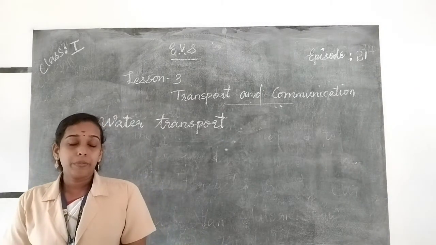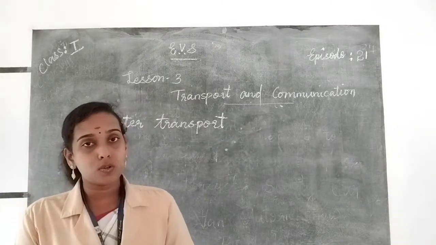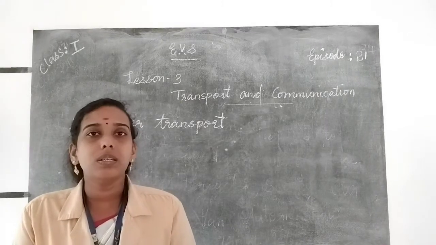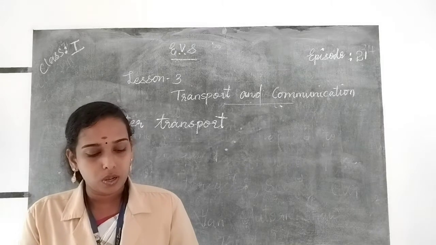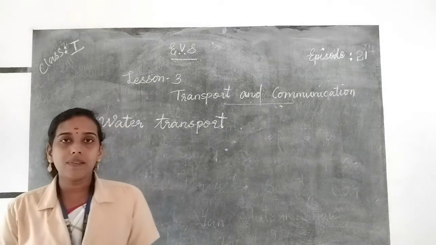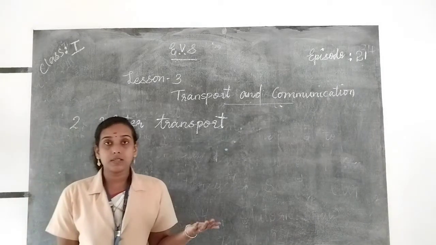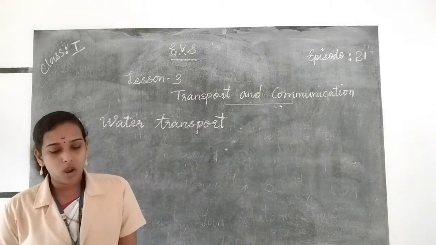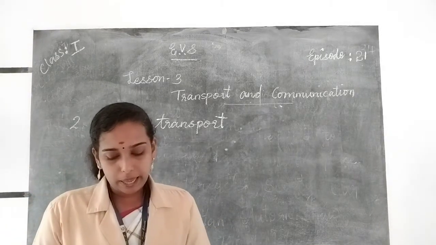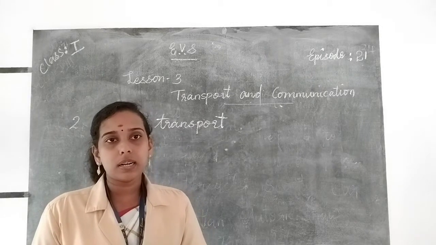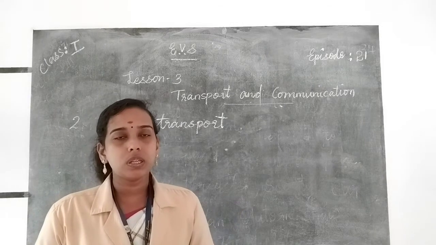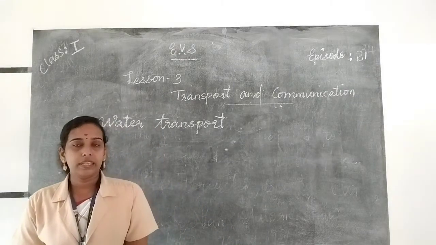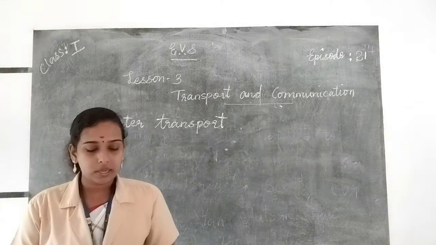Some means of transport which help us to travel in water, and they are called water transport. Okay, so we can also travel across lakes, rivers, seas using different means of transport, and these transports are called water transport. Okay, so some means of water transport are boat, motorboat, ship, ferry. These are means of water transport.